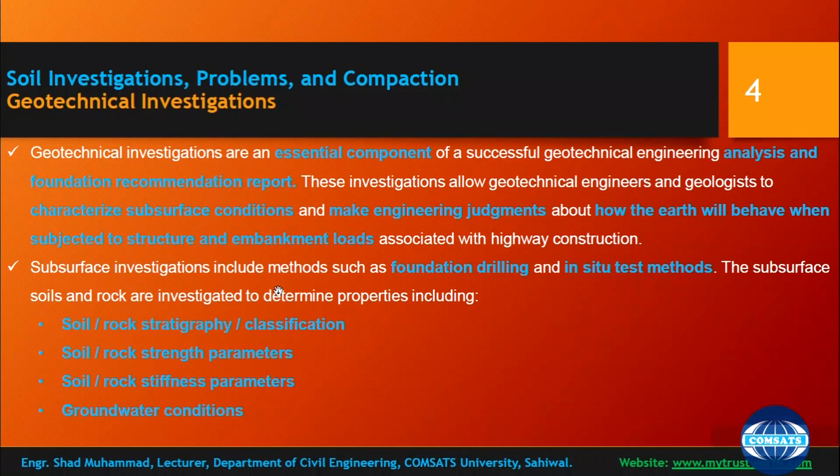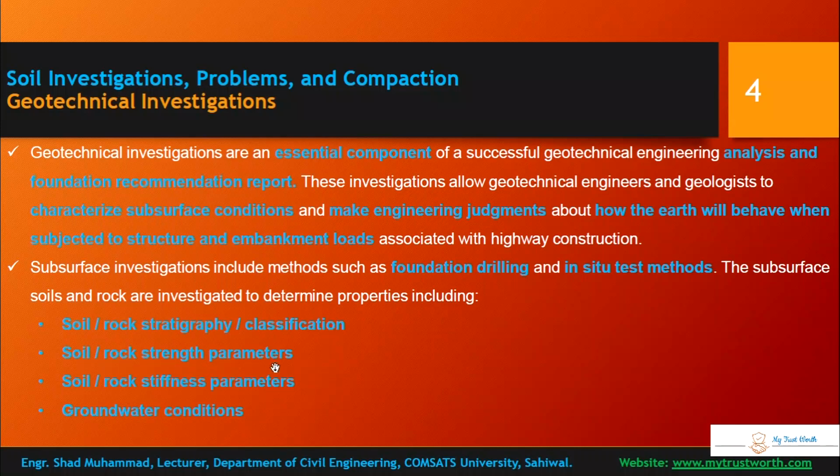Subsurface investigations include methods such as foundation drilling and in situ methods. So basically two types of methods are there: drilling the foundation, or in situ test methods. The subsurface soil and rocks are investigated to determine properties including soil or rock stratigraphy or classification, meaning how the strata of the soil are divided, what their thicknesses are, and what their depths are.